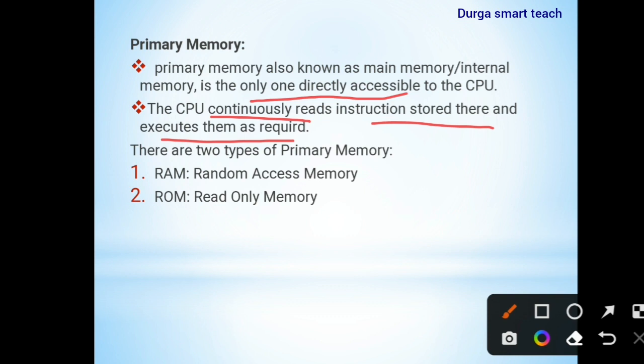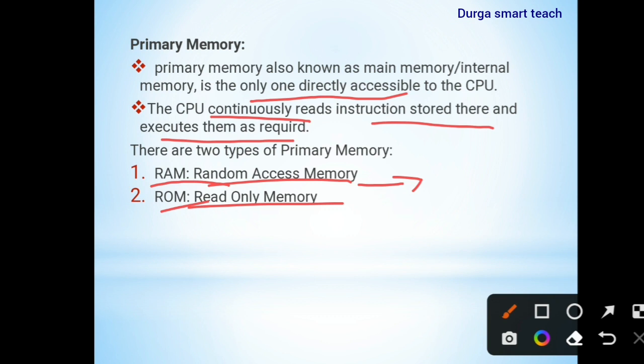Main memory is divided into two types. The first one is RAM and the second one is ROM. RAM stands for random access memory. ROM stands for read only memory. RAM is volatile memory, which means the data stored in RAM is not permanent. Whenever the power is off, the data will be erased. But ROM is non-volatile memory, meaning the data is stored permanently.